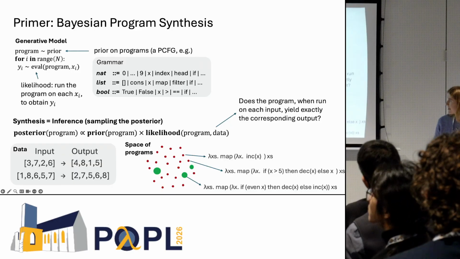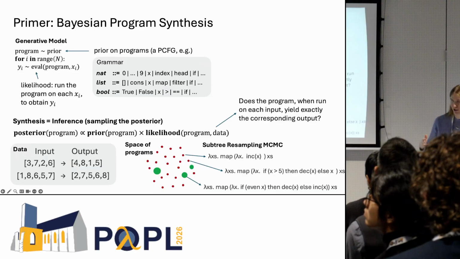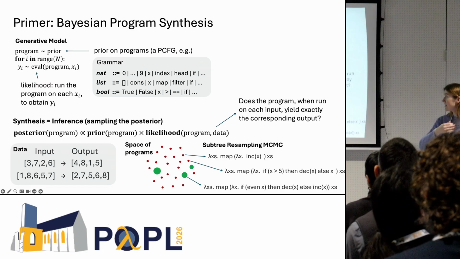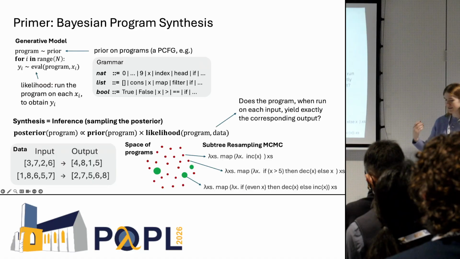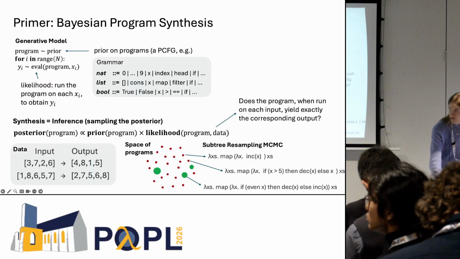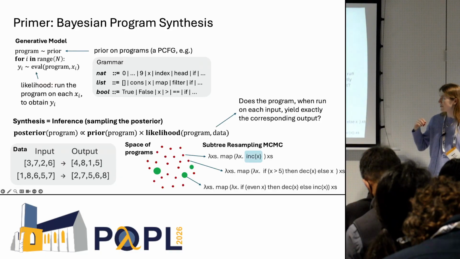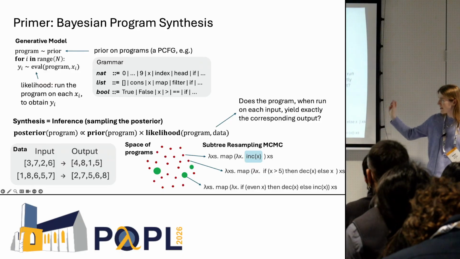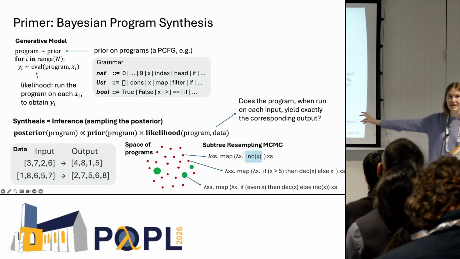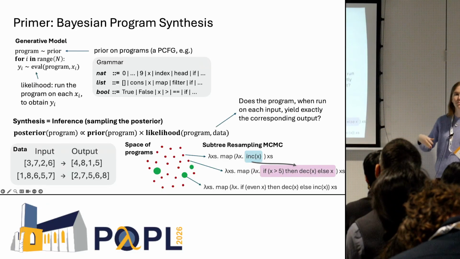And so this is a tricky problem, but a classic approach to starting to tackle it is framing it as MCMC. So in particular, there's a subtree resampling approach people use with programs quite often, where at each step, you're going to take your hypothesis, pick a random subtree in it, and resample a new one from the prior.